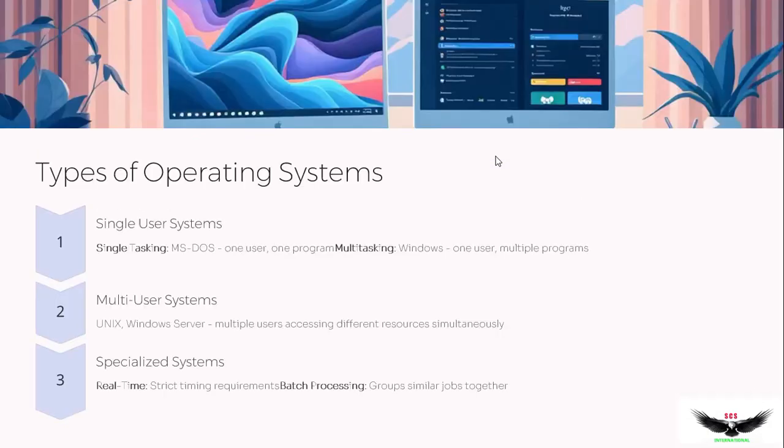Let's talk about types of operating systems. We have single user systems, multi-user systems, and specialized systems.